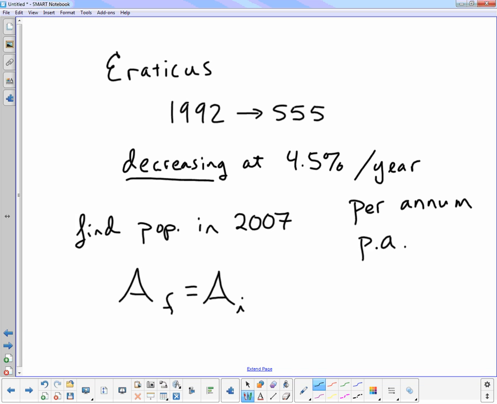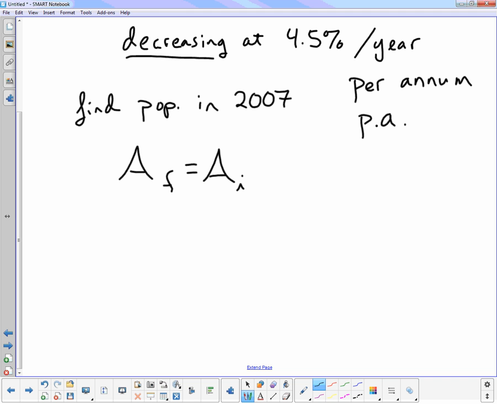We could be talking about atoms in a decaying sample, or rabbits going crazy in somebody's backyard, or a virus or bacteria in a petri dish. And my term is now 1 minus what? And what is it to the power of? 15.